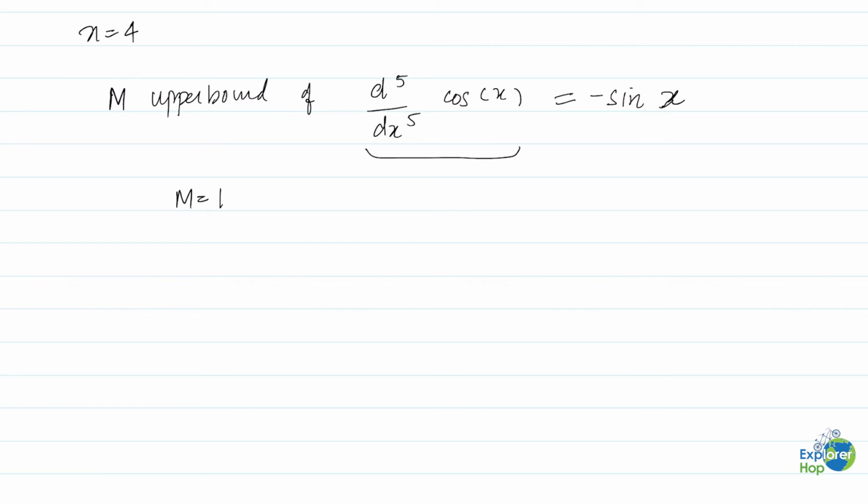So irrespective of what the fifth derivative of cos x is, we know it would either be cos x or plus or minus sine x, either one. Nevertheless, we would know right away that the upper bound of the fifth derivative of cos x would be 1 without even figuring out that the fifth derivative is minus sine x. So we can directly write that M is equal to 1. It saves us some time.